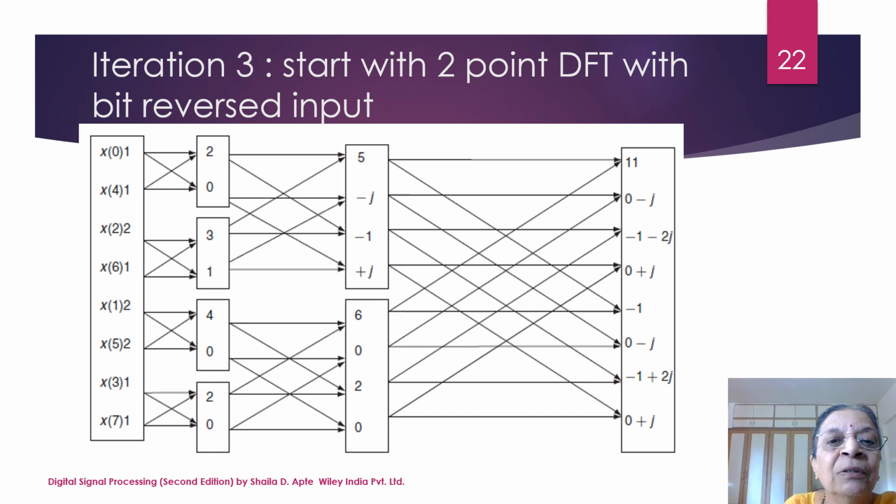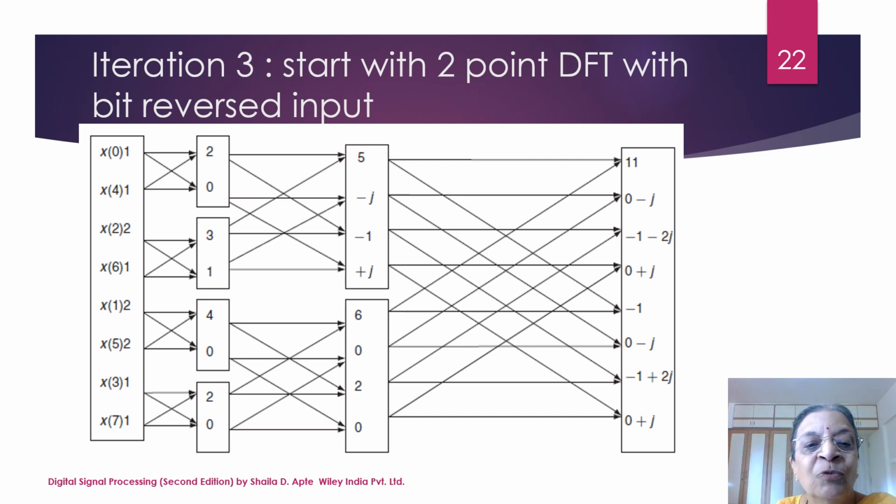So how to calculate? 2 plus 3, it is 5. 0 plus 0 is 0, 0 plus 1, so this is 0, this is 1, this is minus j. 2 minus 3, it is minus 1. 0 into minus 1 into minus j, so it becomes plus j. So W4 raised to 1 is minus j.